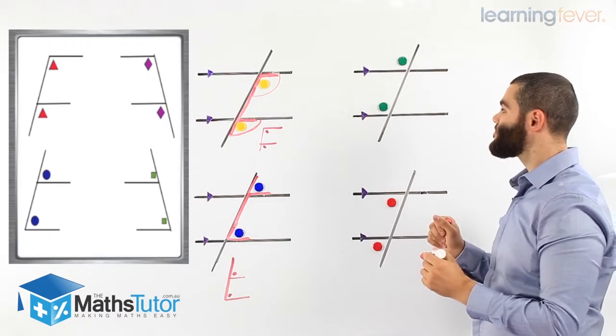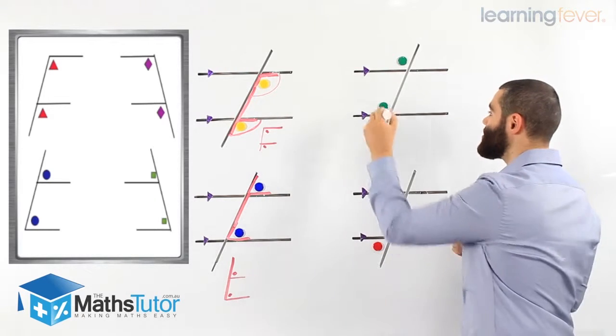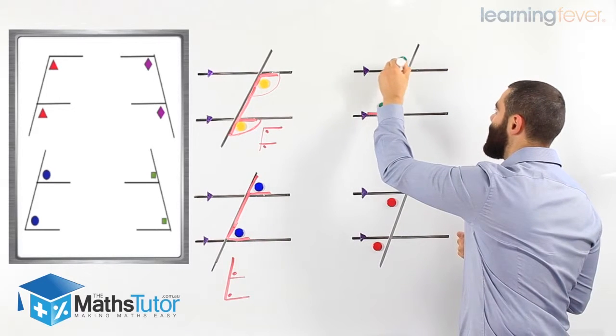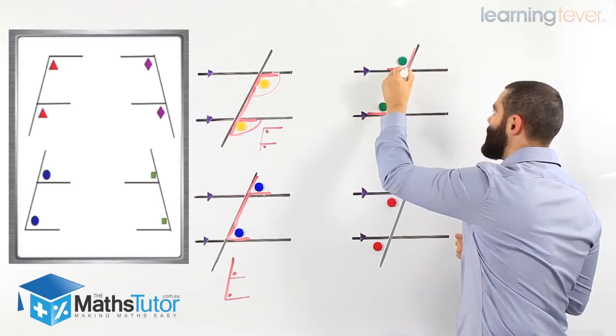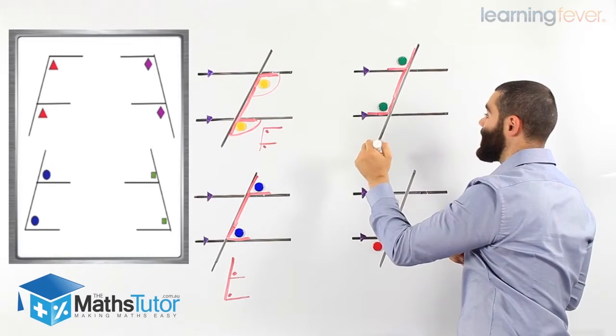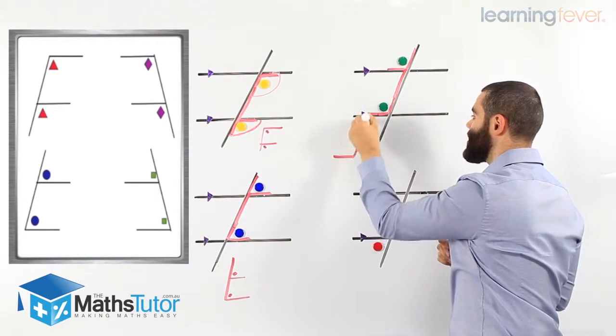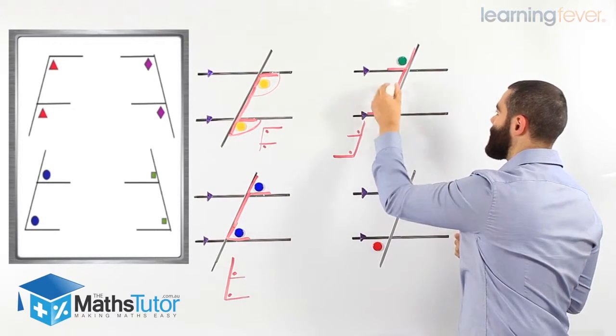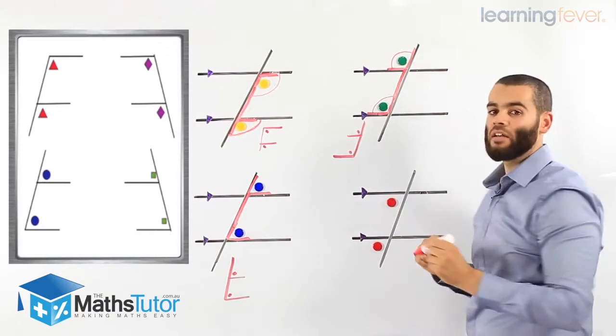Looking at this one here, another pair of corresponding angles. We highlight them, and we highlight them again. When we join them, again we can see an F-looking shape, upside down, back to front. This is corresponding to that angle there.